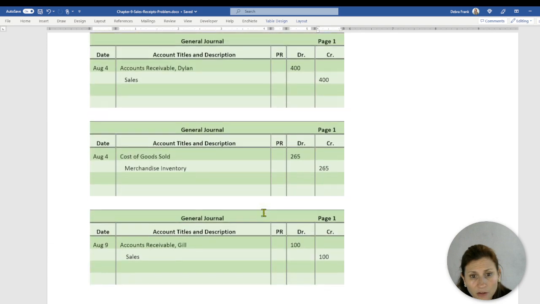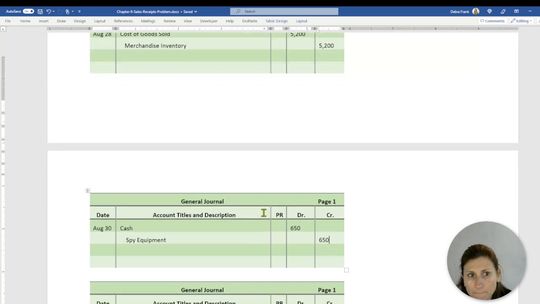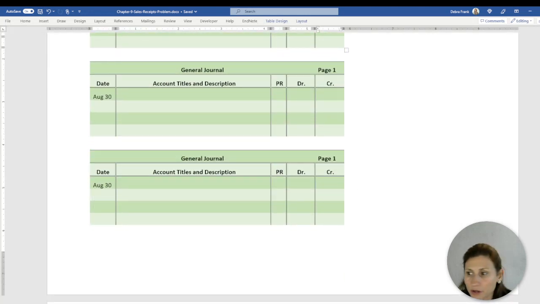It's a two-parter. So we have our accounts receivable, I think it was Dylan, for $4,400. Our revenue of sales.